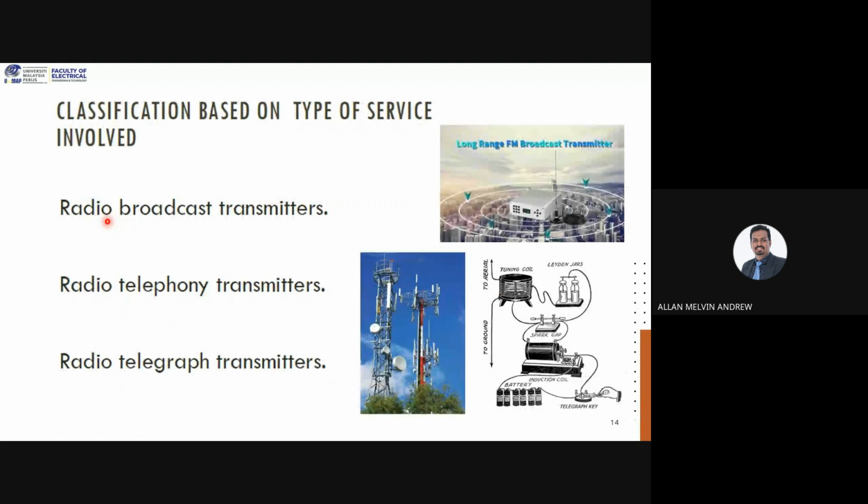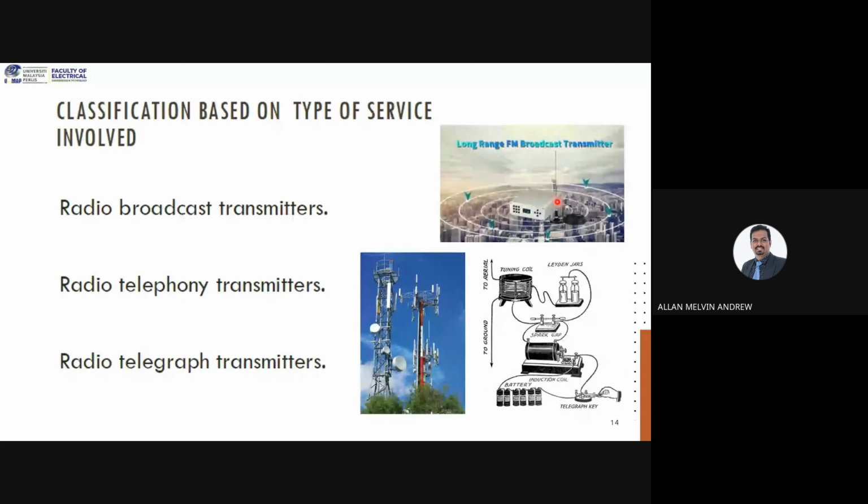And classification based on the type of service involved. As I said earlier, which application you want to use is very important. First, radio broadcast transmitters, usually used for broadcasting. It can be related to TV, or to the transmitter in your car.